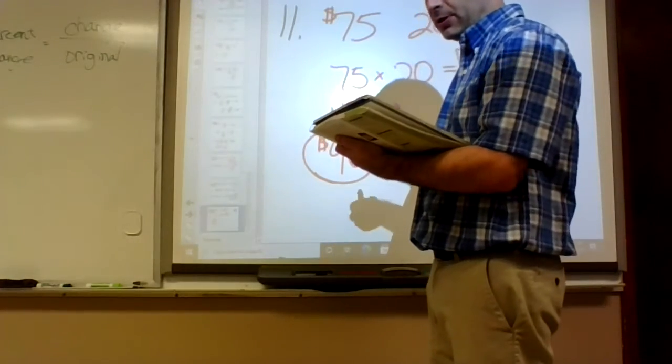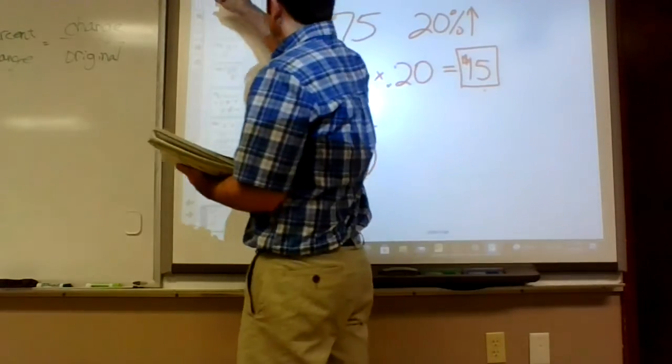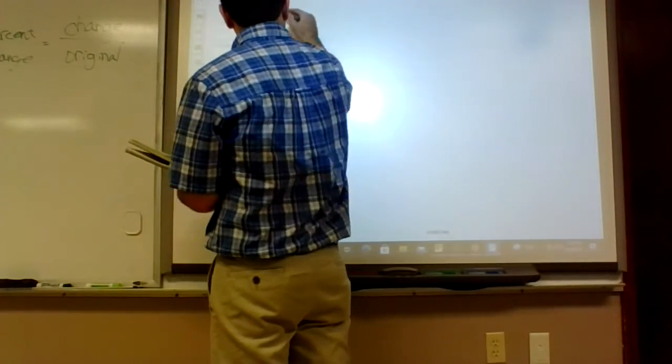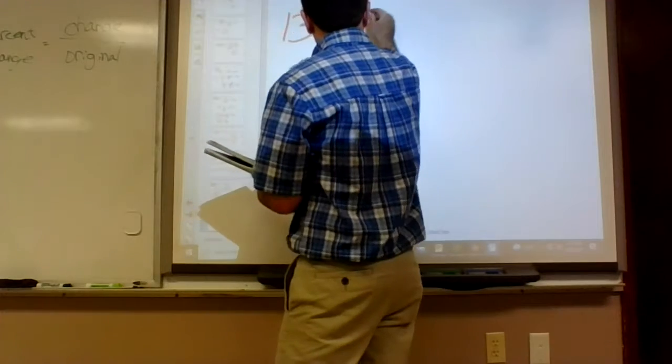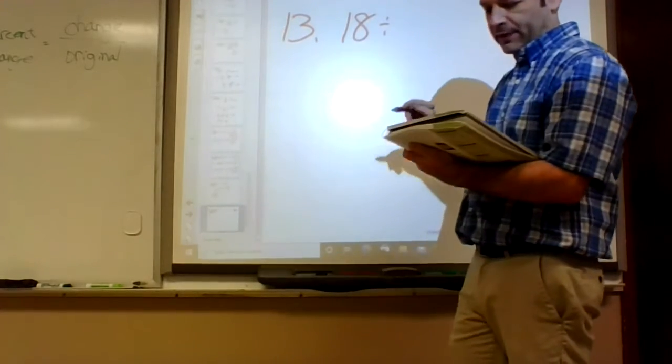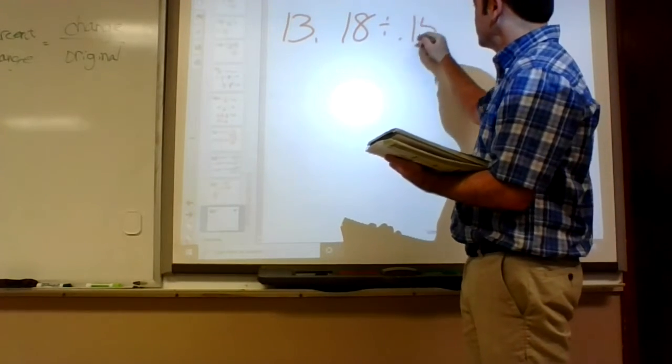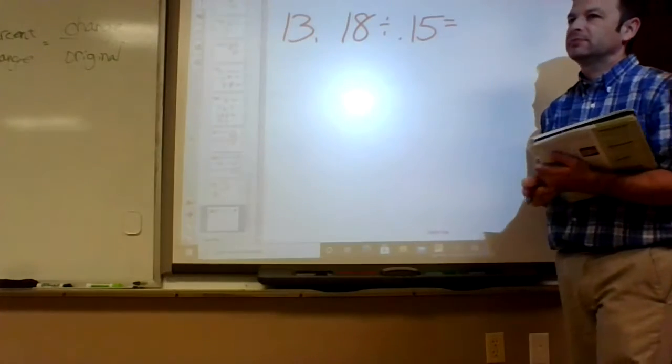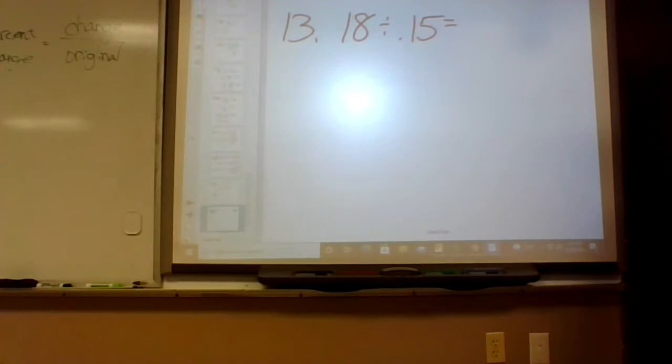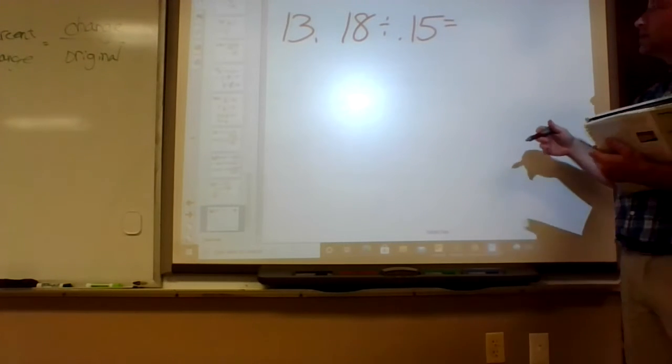So on 13, we're going to do $18 divided by 0.15. $120.